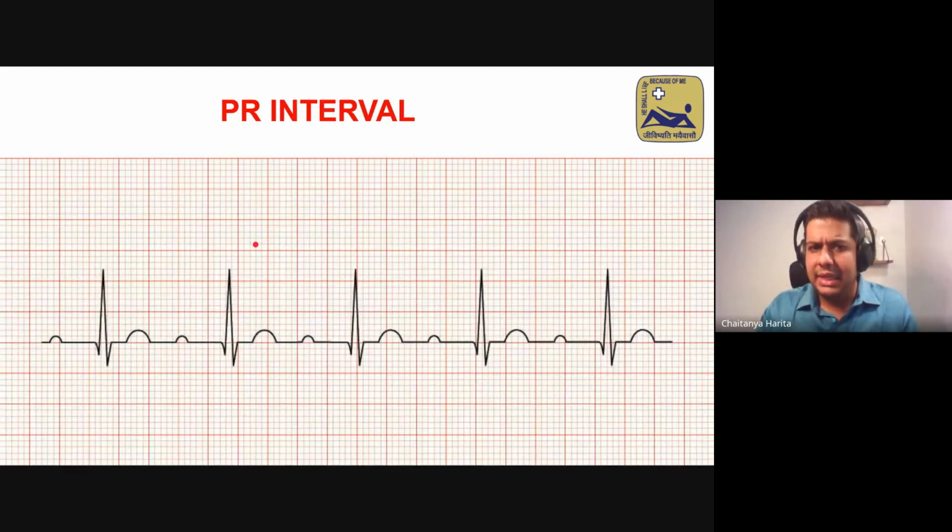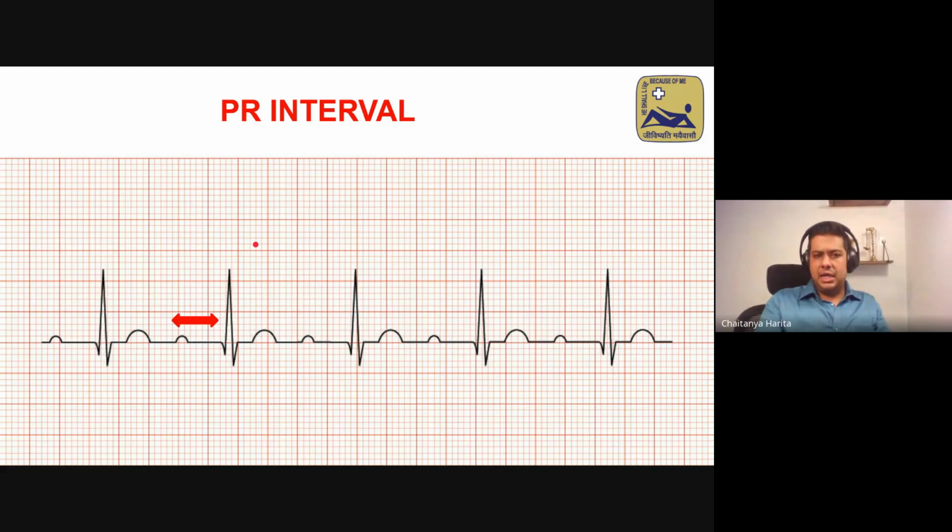I'll come to that in each. This is the PR interval. Beginning of P wave to beginning of QRS complex reflects conduction from atria, SA node to AV node. Normally, this is not more than 5 small boxes, 0.2, some books say 0.21, 0.2 seconds. It should be ideally 3 to 5 small boxes.